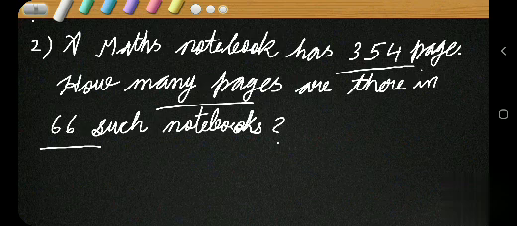So shall we write? Okay, what will be the first step? Answer. Number of pages in one notebook, isn't it? That is the first step, isn't it? Can you say? Yes, the steps can be written in your own words. Okay, the steps need not be the exact steps that are given to you. You have the freedom to write the steps in your own words and you should try to write in your own words.